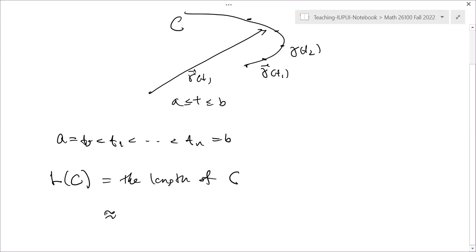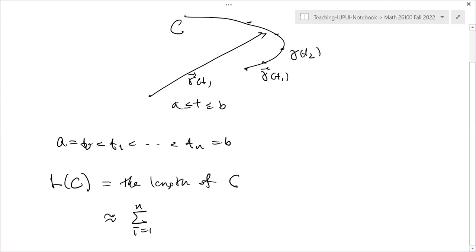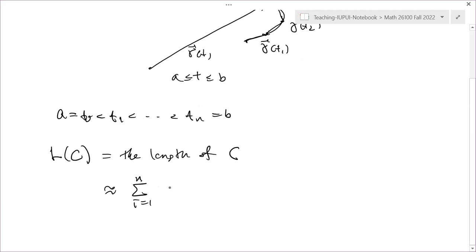This can be almost equal to, so use a straight line to measure it, line segments joining the two points. So the distance between two points is given by the length of the difference of two vectors.